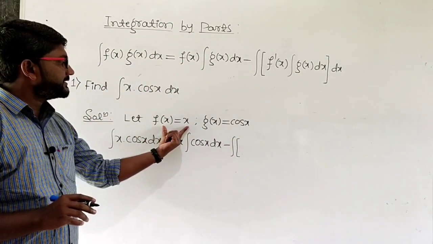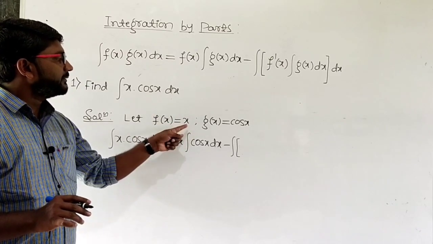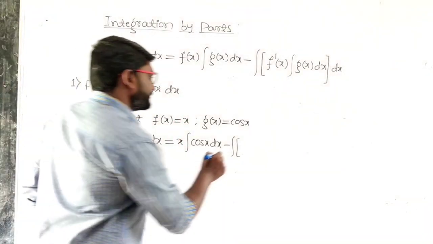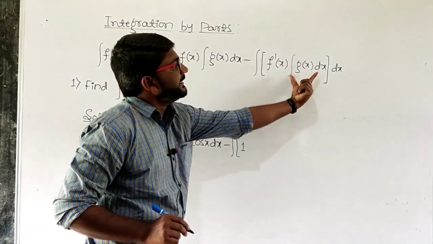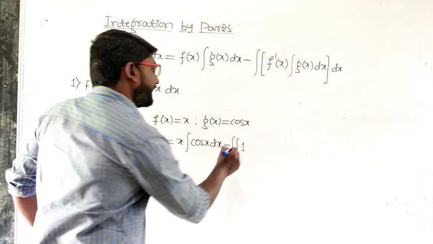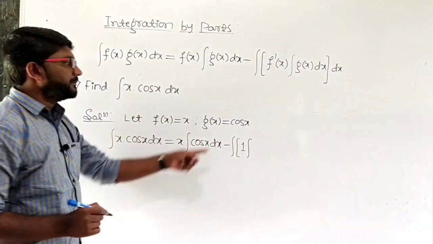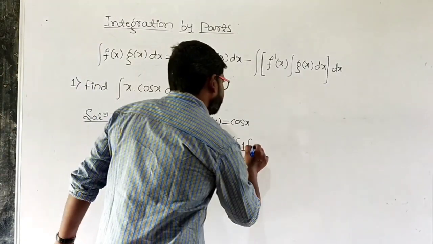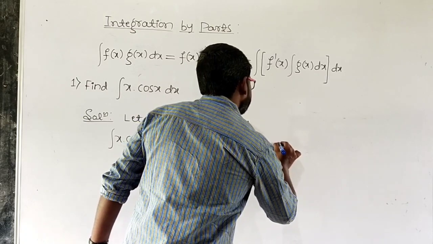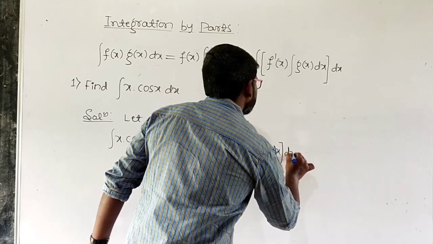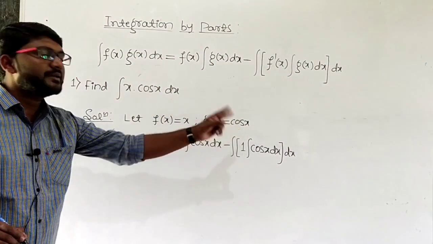This is our f of x, take the derivative of this. What is the derivative of x? It is 1, so I write 1 here, then into integral of the second function, that is cos x dx, close the bracket, write the main dx. So this is the first step.